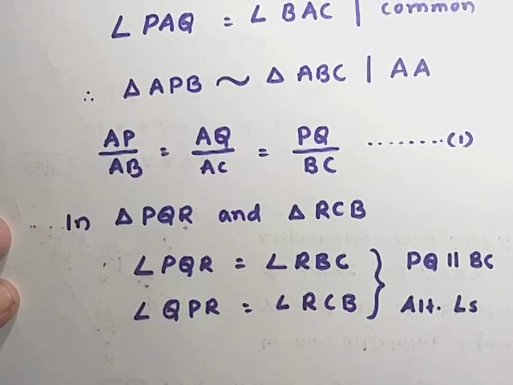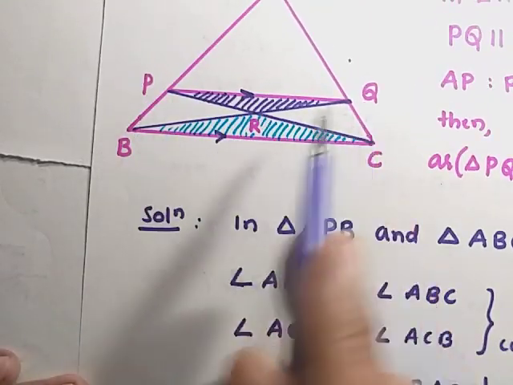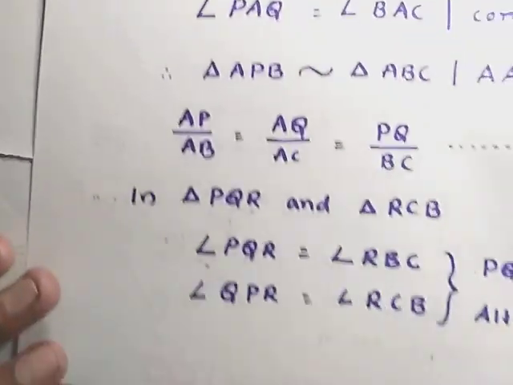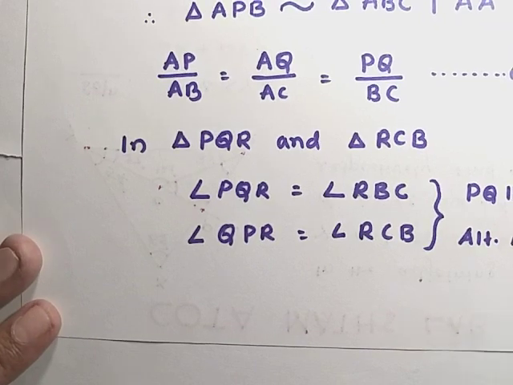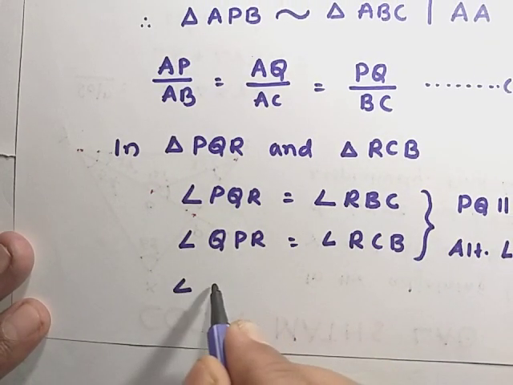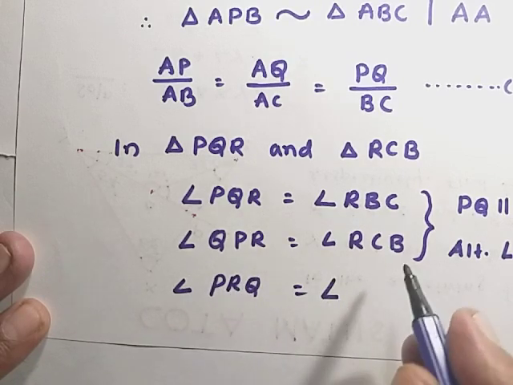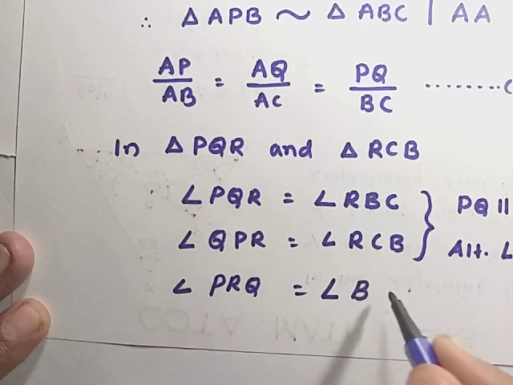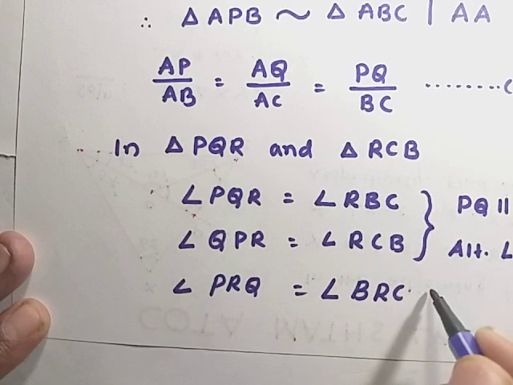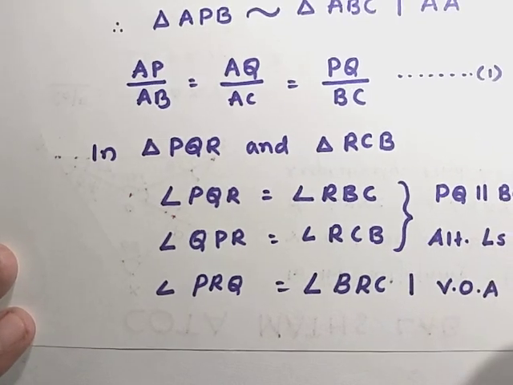We also have one more angle: angle PRQ is equal to angle BRC, because they are vertically opposite angles.